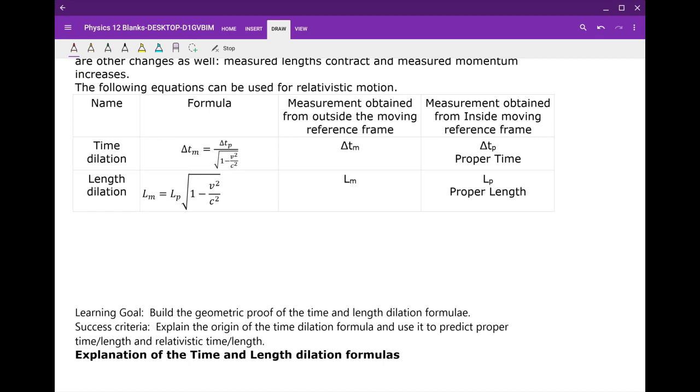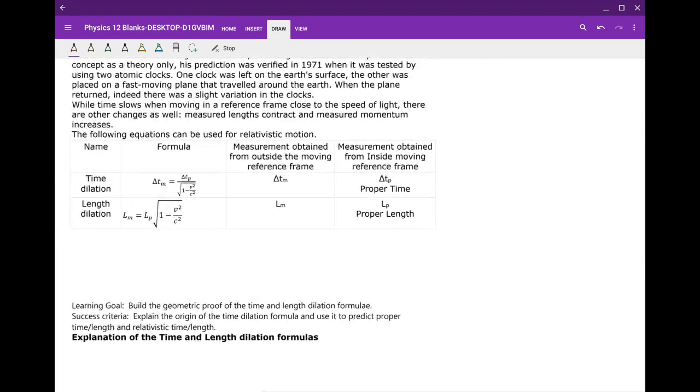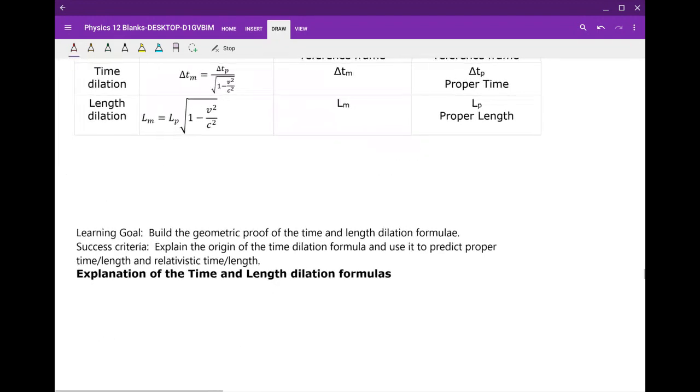And the reason is because of the time interval change as well, right? It has to do with the idea that the ratio of the time and the length needs to maintain a certain value, okay? And so let's go ahead and explain these formulas with a geometric proof in the next video. Let's go.